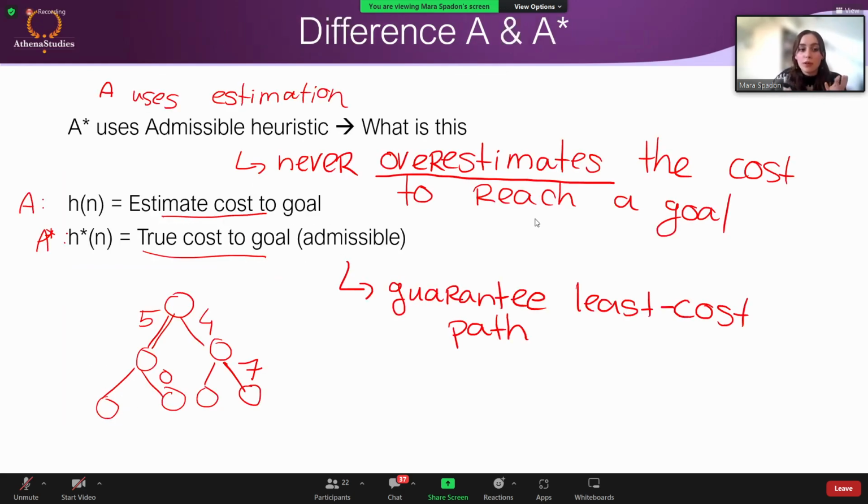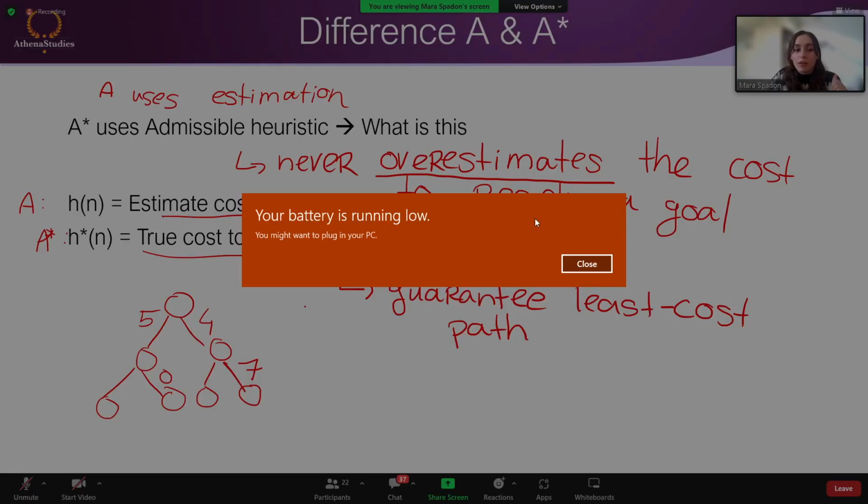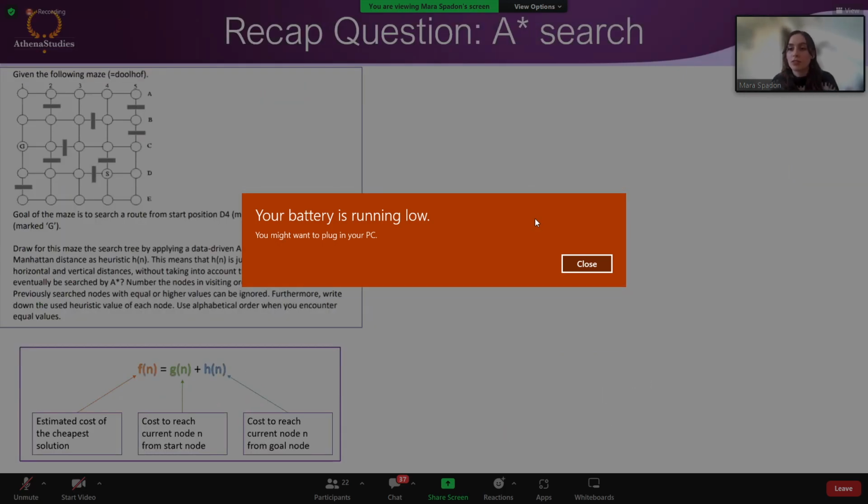Otherwise, it will just give you info about, okay, let's say the amount of steps are X amount of meters or anything like that. So you need some additional information. You cannot just throw out numbers like that. Does that make sense? If we maybe do the practice question on A star, you at least know how that one will get it.